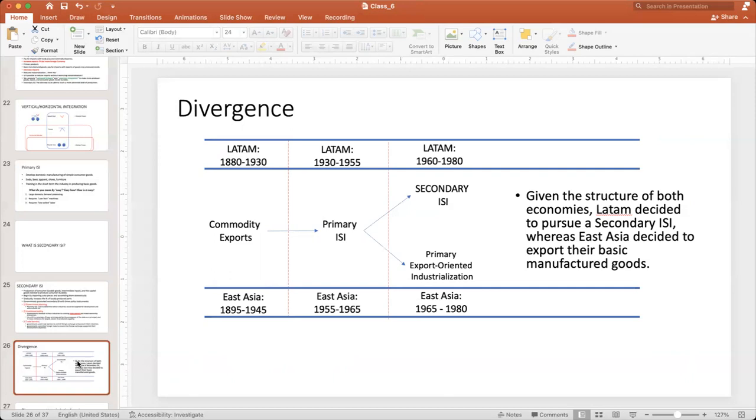However, there was a divergence in 1960. In the 1960s, Latin American countries decided to pursue the secondary ISI.